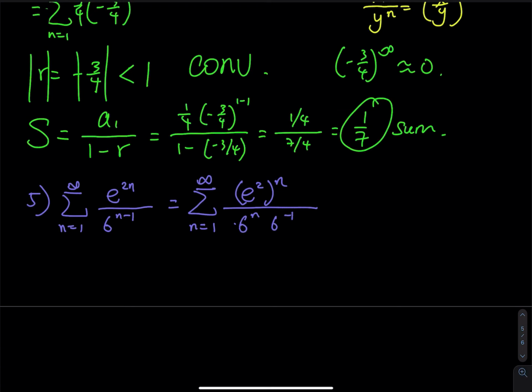Do you see that the e squared and the 6 are both raised to the n? That means here is what we can do. We can write e squared divided by 6, both raised to the n. And then this 6 to the negative 1 is 1 over 6 in the fraction, so 1 divided by 1 over 6 is just 6. So what is the common ratio?